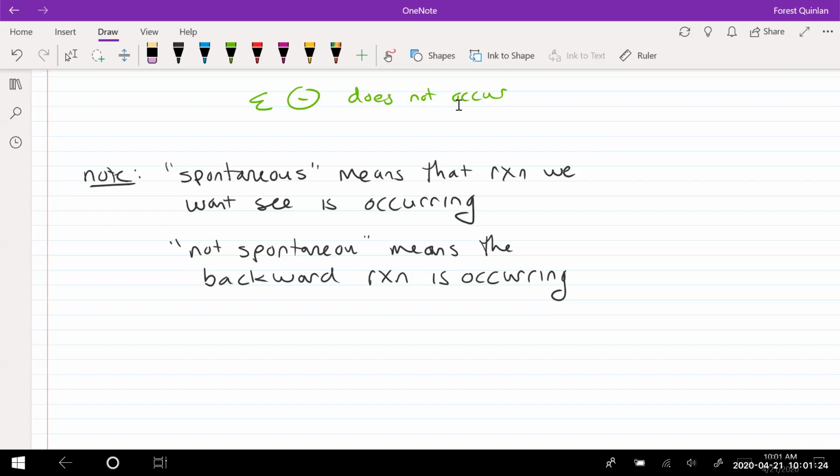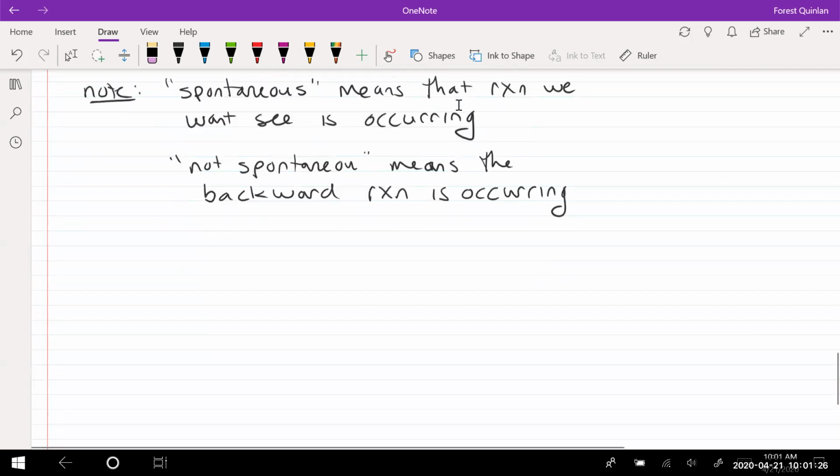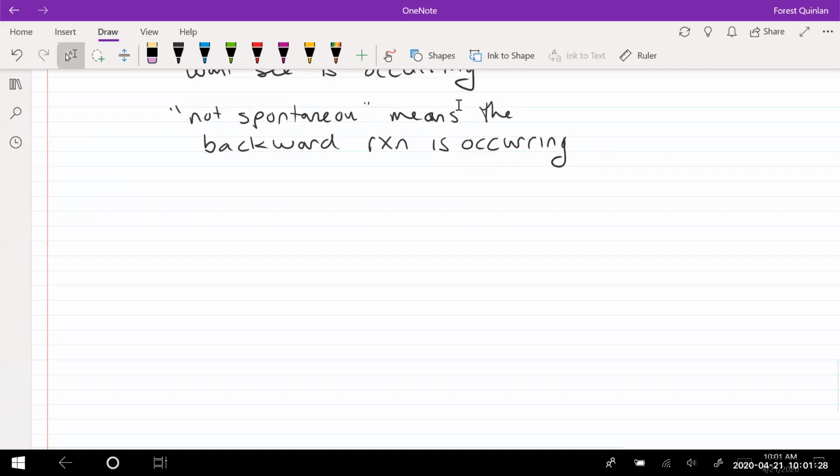So before we do a problem, I also want to note this. Delta G is what we call an extensive property. This means it depends on the amount.